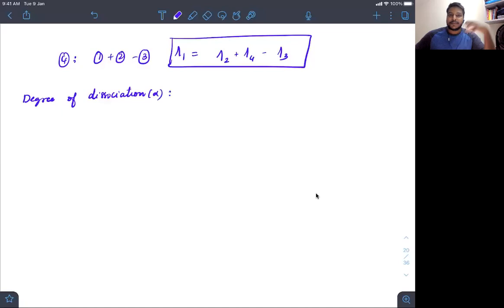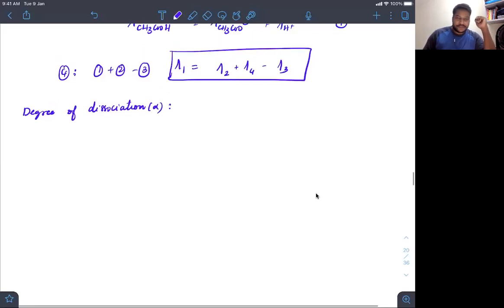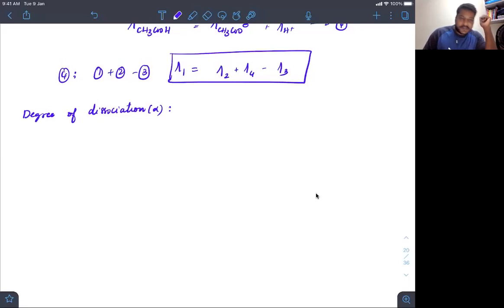Okay, यहाँ के experimental values से हम लोग alpha calculate करते हैं. So degree of dissociation by definition is what, if, for example, there is any electrolyte like HAc, एक weak acid की बात करें, so then it will dissociate as Ac minus plus H plus, and initial concentration we will take as C naught.